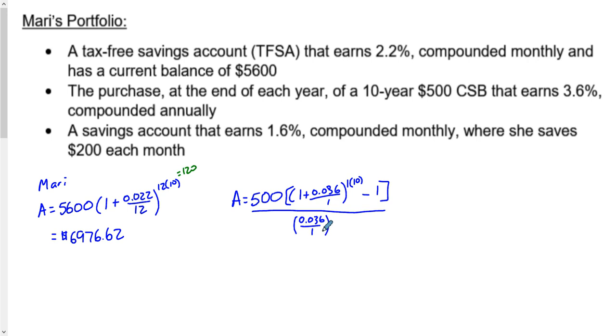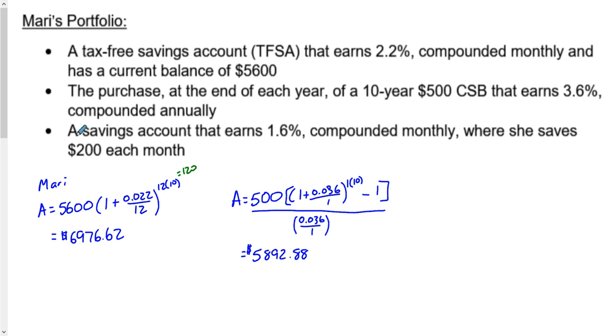And that gets typed into my calculator. We get $5,892.88.